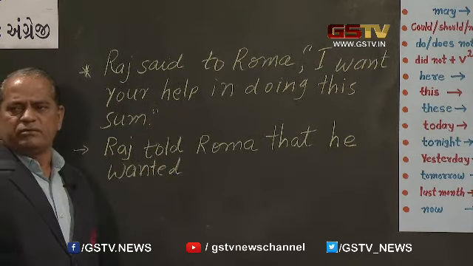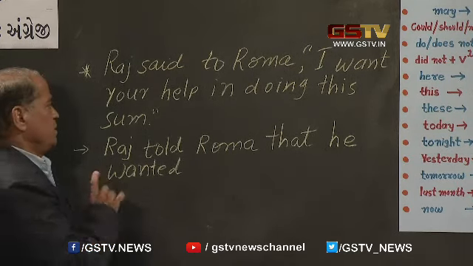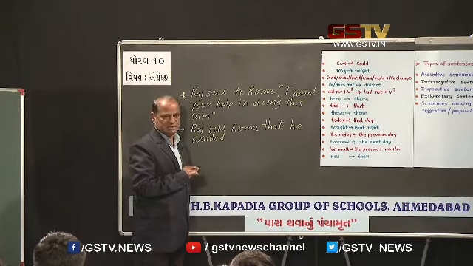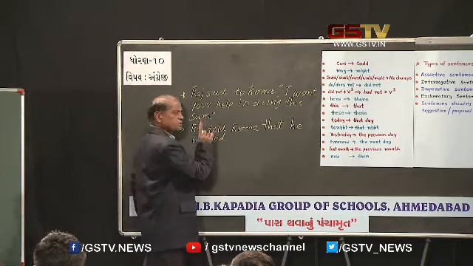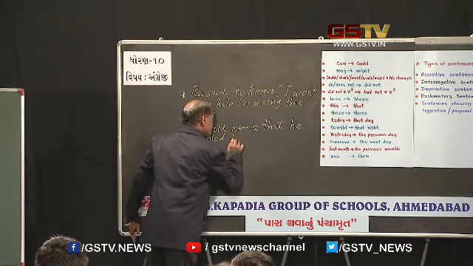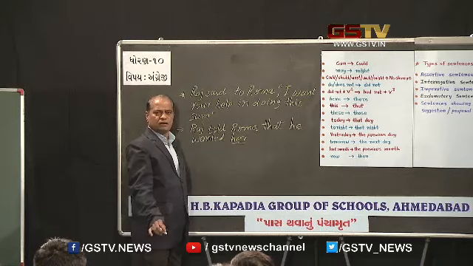After that, once again the second person pronoun your, and the second person is converted according to the listener. Here the listener is Roma. So, according to Roma, your will be converted into her.